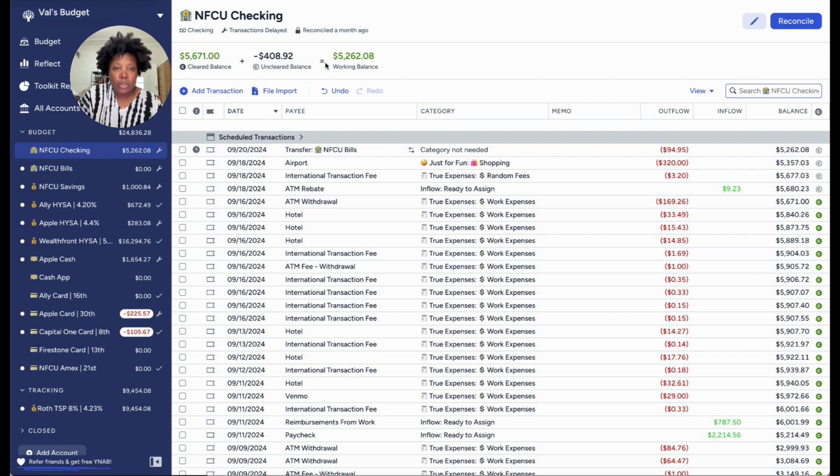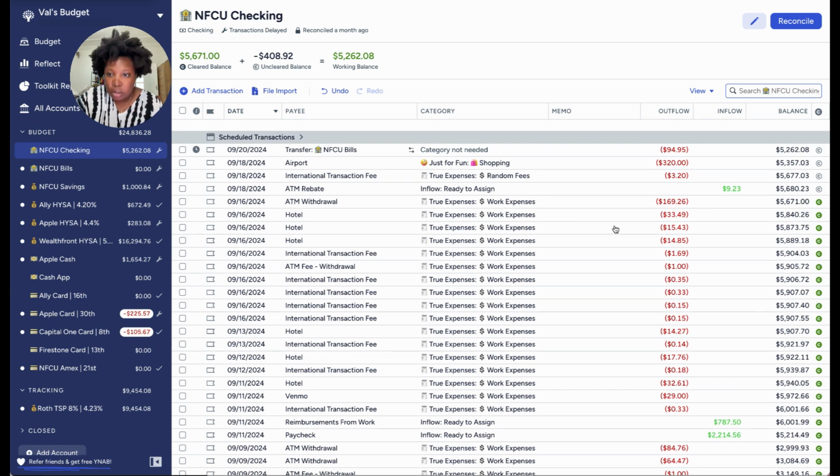So on YNAB it shows that I have a working balance of $52.6208, and then on my checking account I have a balance of $5,227.14. So it says I'm off by $34.94, which is, I thought I just approved that one though, because that was a hotel.